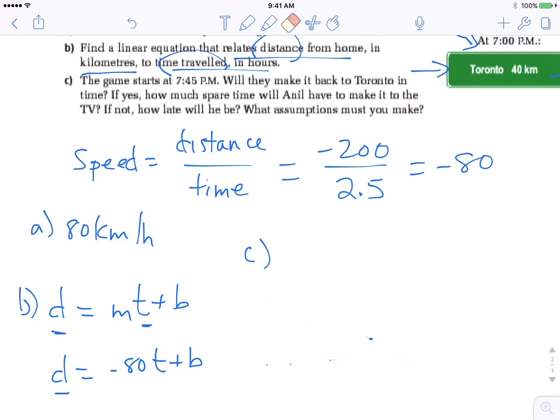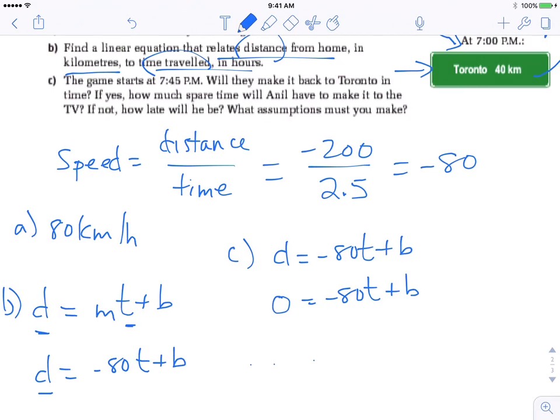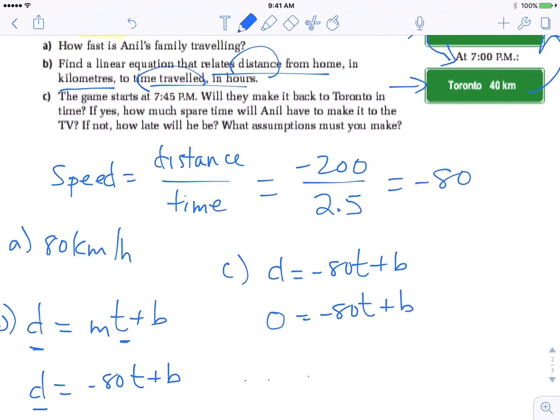If the y value is going to equal 0 when he makes it home, let's figure out when he makes it home. So we're going to say distance equals negative 80t plus b. When the distance is 0, we get 0 equals negative 80t plus b. We know the y-intercept is actually 240, so I could sub that in because we know that at the start, he was at 240 kilometers away.